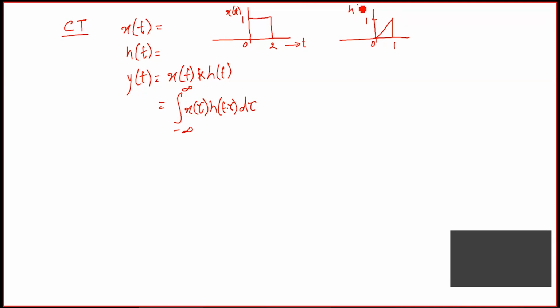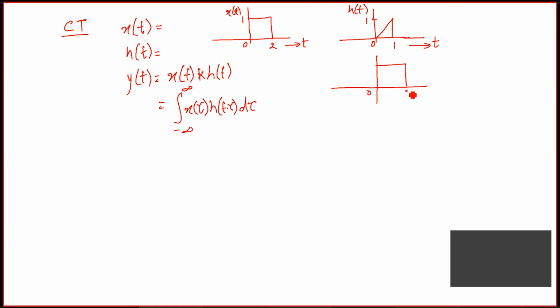If we are given it this way, we can come up with a function for this and put the function inside the integral and solve it. We can do it this way, or we can do another interesting thing. We can just use that flip and shift method.